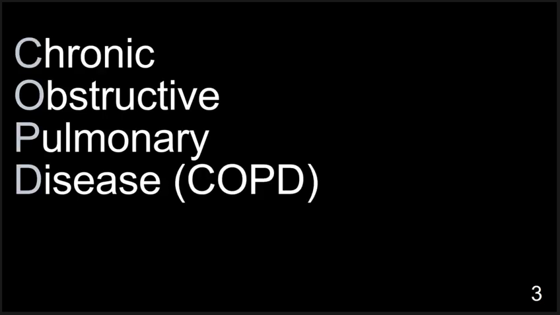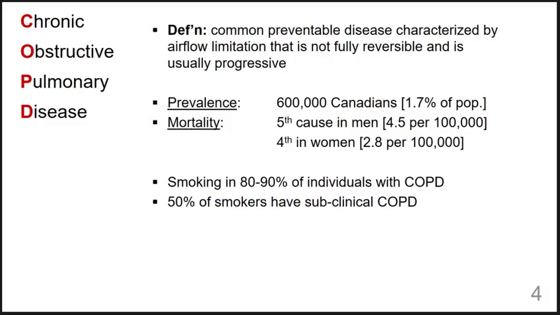So then now we're going to focus on COPD, which, as the name suggests, is an obstructive pulmonary disease that is chronic in nature. Let's have a look at the definition of chronic obstructive pulmonary disease.